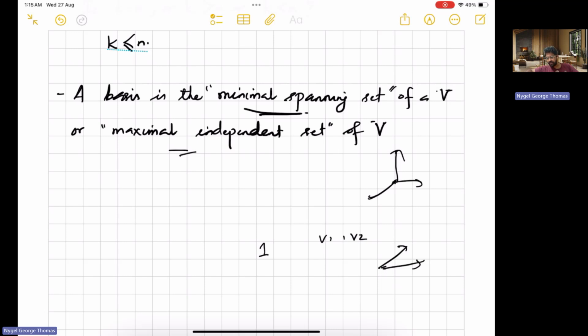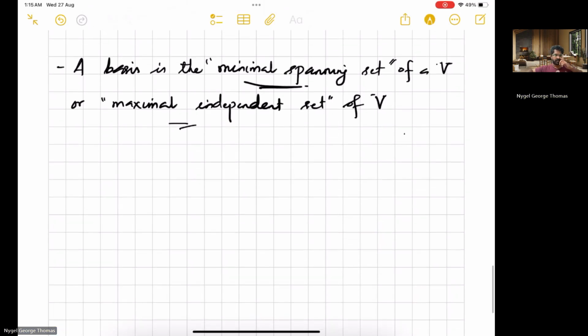We need another vector which is linearly independent of both of these vectors to actually span the third dimension. This is the maximum possible set of linearly independent vectors which can span the vector space you're trying to represent. In our case, this is R3. So this is the idea of a maximal independent set.